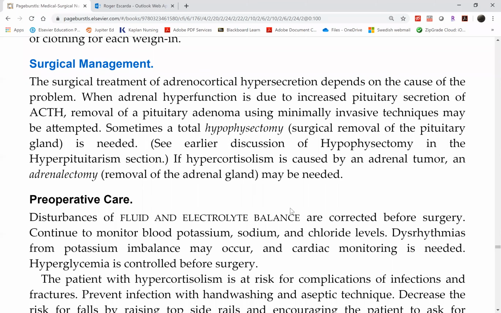So when we do surgery, is it stressful? Yes. Could it trigger an Addisonian crisis? Because that's what they'll end up with once we take out either the pituitary or the adrenal glands.